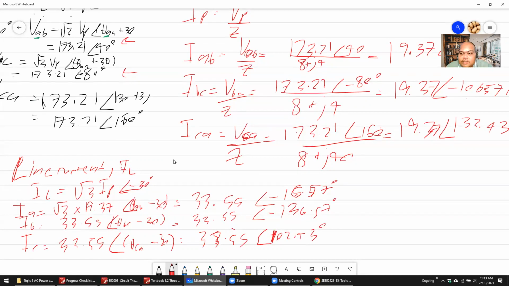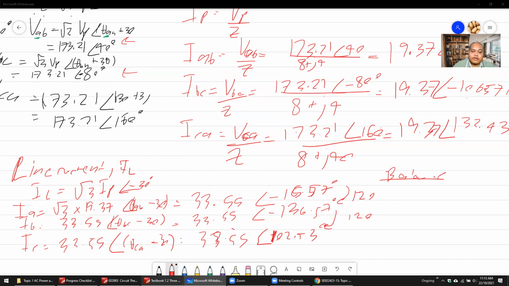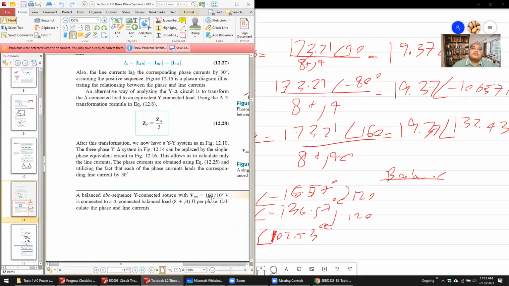Okay, one trick that you can do is you compare this. Okay, for balance load, always 120 degree apart. If not 120 degree apart, for balance load only, it means that there is something wrong with your calculation. So you already answered the question.